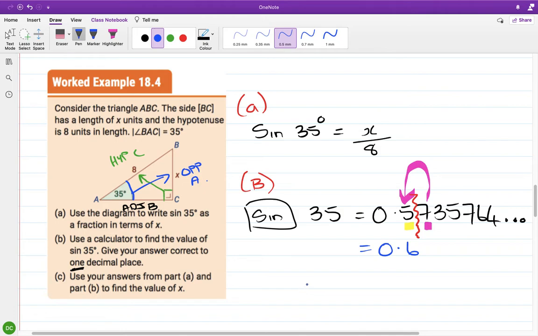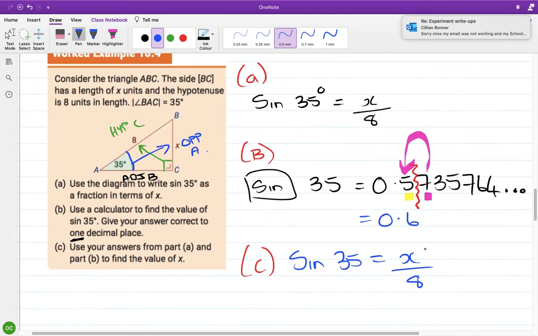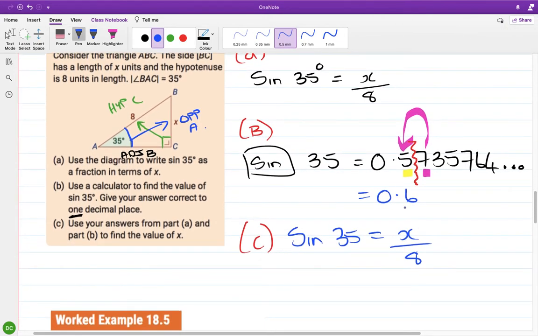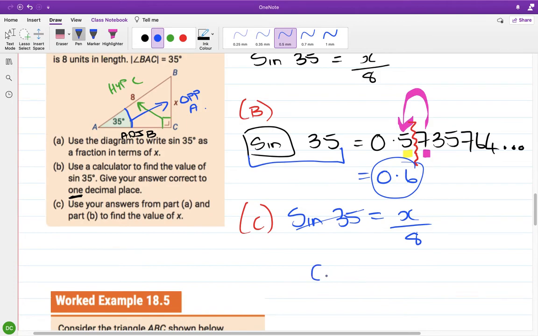And use your answers from part A and part B to find the value of x. Okay, so part A said that the sine of 35 is equal to x over 8. So we know that the sine of 35 is 0.6, so I'm going to replace this with 0.6 equals x over 8.